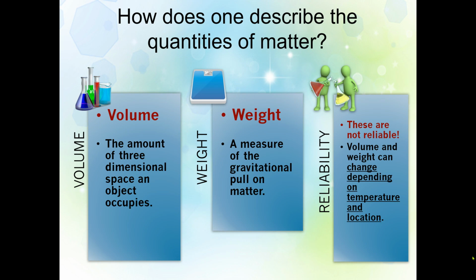Okay. Well, what if we were to take something that weighed, say, 15 pounds here on Earth and take it up to the moon that has a significantly less amount of gravitational pull? That would actually weigh a lot less on the moon than it would here on Earth. So volume and weight will change depending on the temperature and the location at the time.